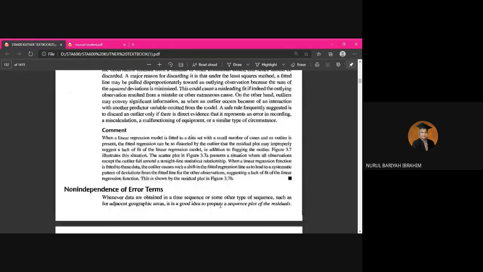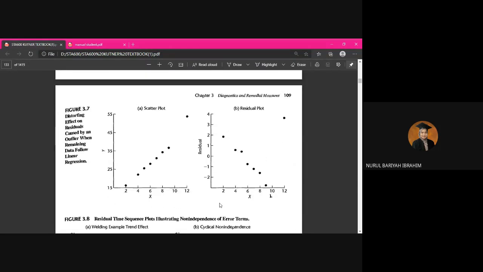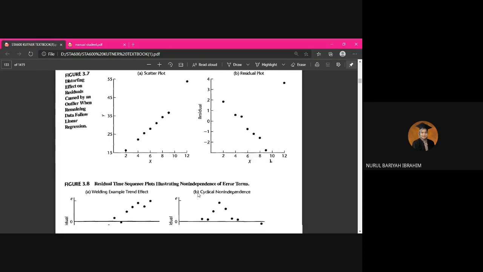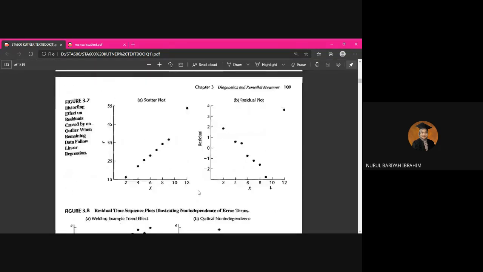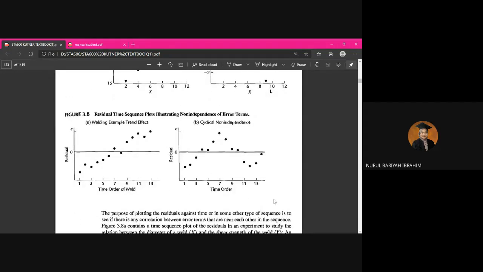The other assumption is independence of the error term. Here is an example of Y versus X with an outlier. We can also check independence using the residual versus fitted or residual versus X as before.